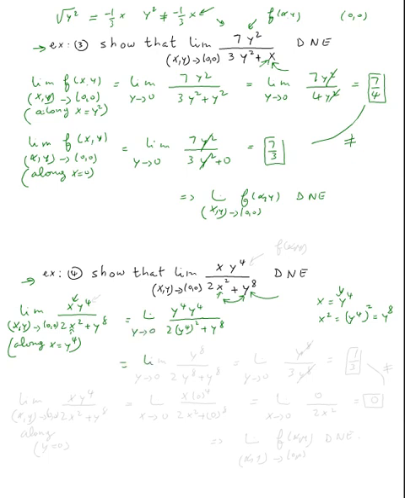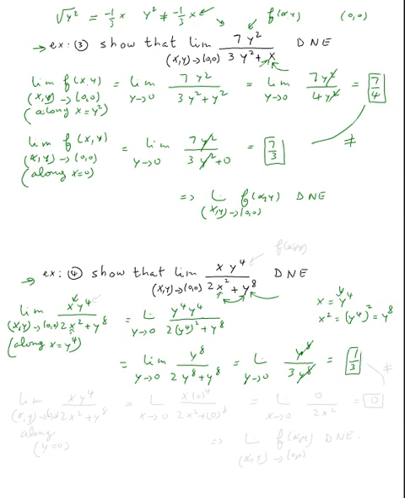This will be the limit of y^8 over 2y^8 plus y^8, which is 3y^8, as y approaches 0. Simplify or cancel, and then you get 1 over 3.